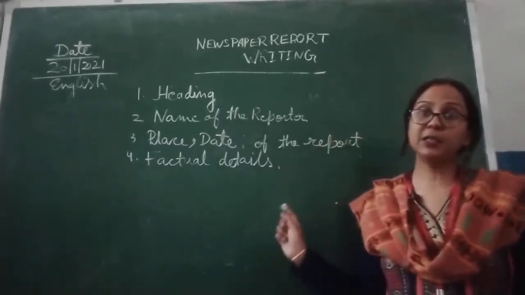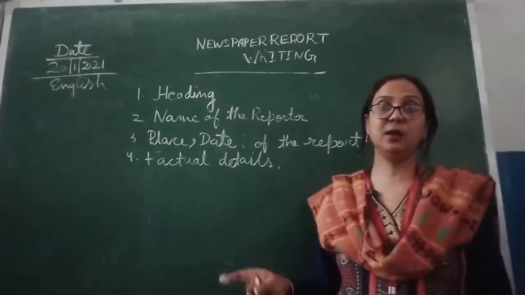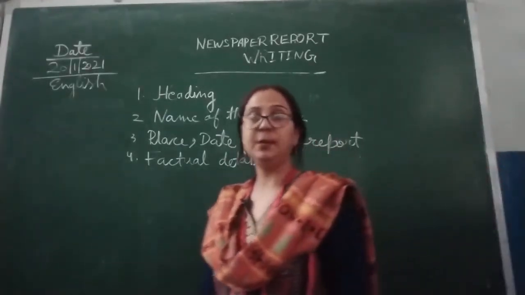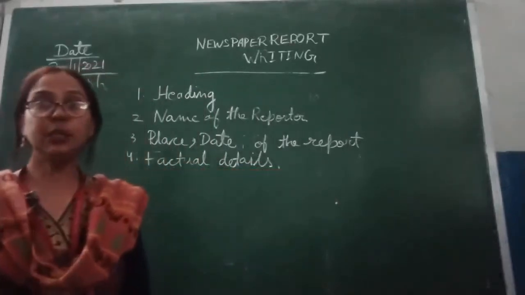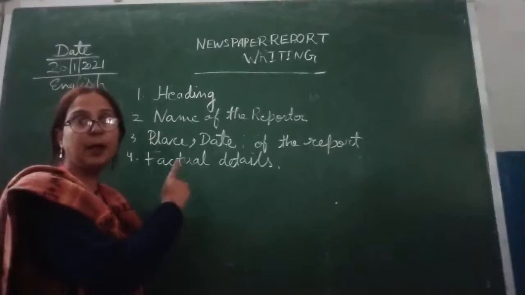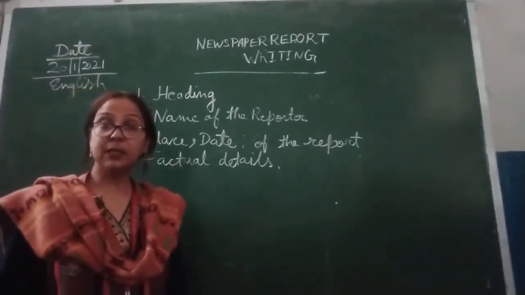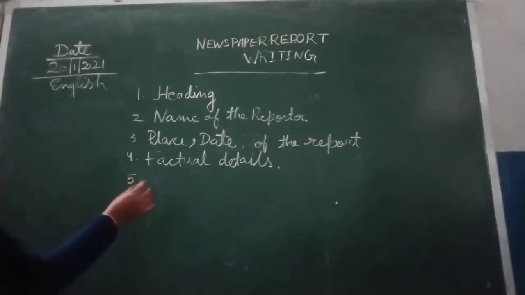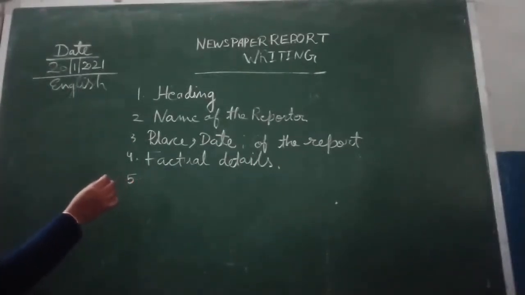You are reporting the correct information to the readers. So children, always remember, whenever you are writing a newspaper report, you have to be very particular about your factual details. Now fifth, that is very important, the conclusion.